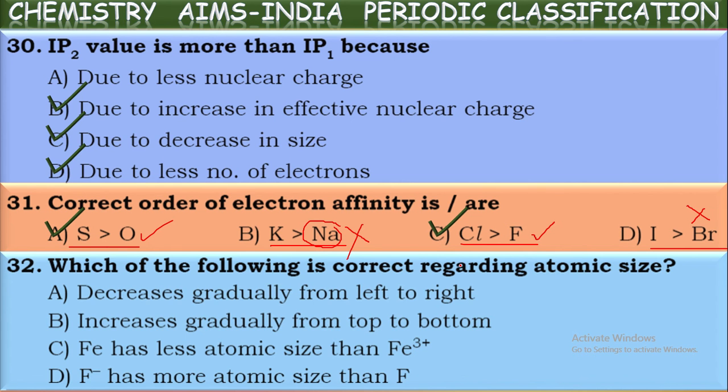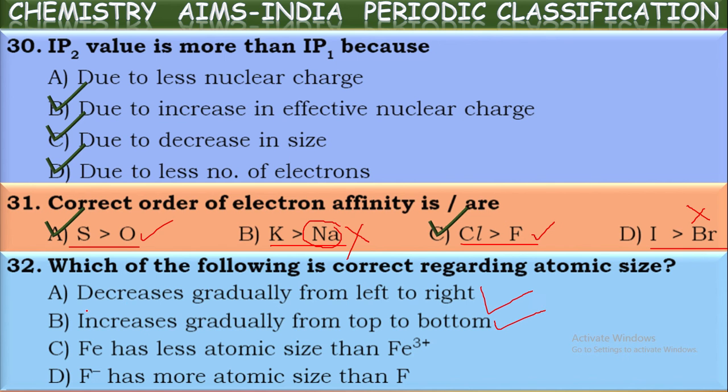Now let us see what they have given here. Decreases gradually from left to right. This is correct. Left to right means in a period. Increases gradually from top to bottom. This is also correct. Top to bottom means in a group. In a group, from top to bottom, atomic radius or atomic size increases.